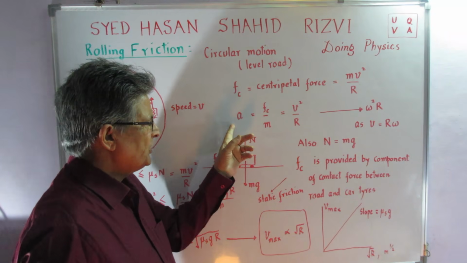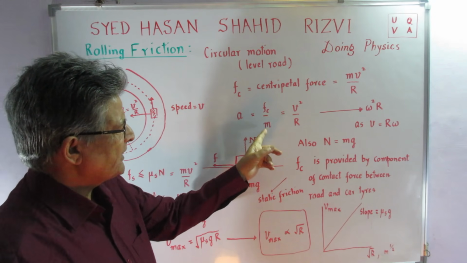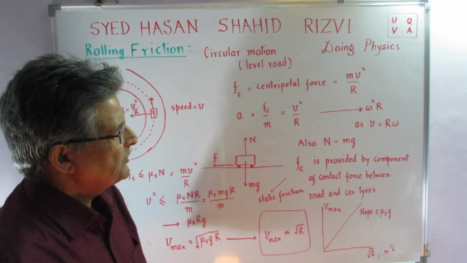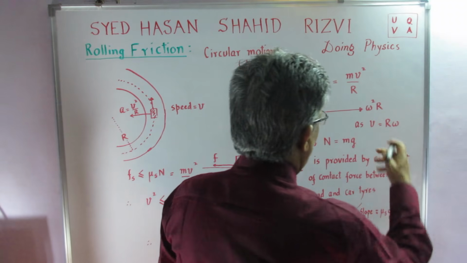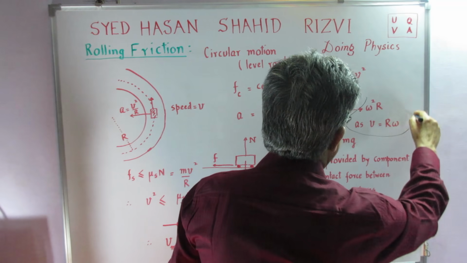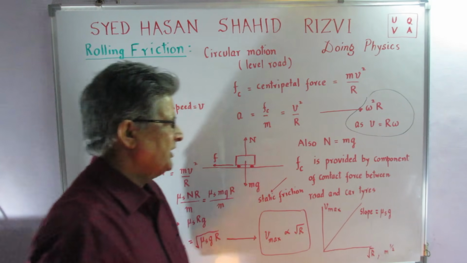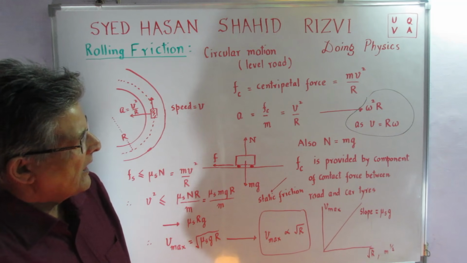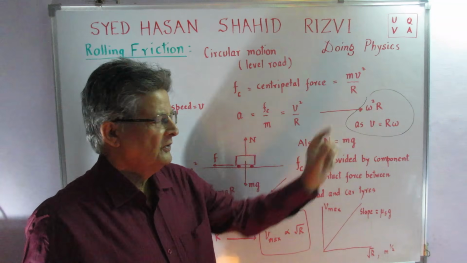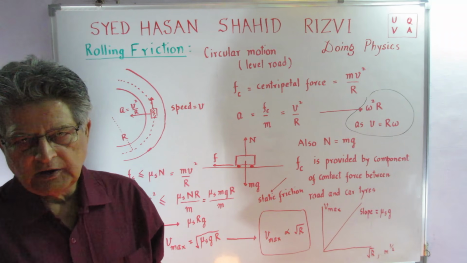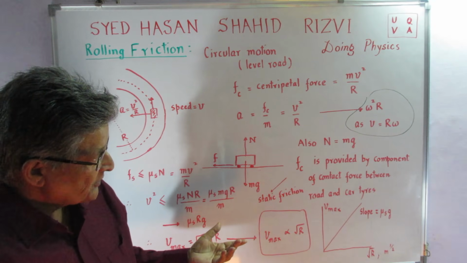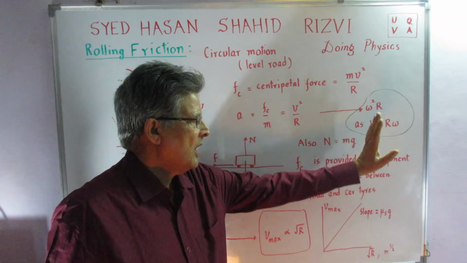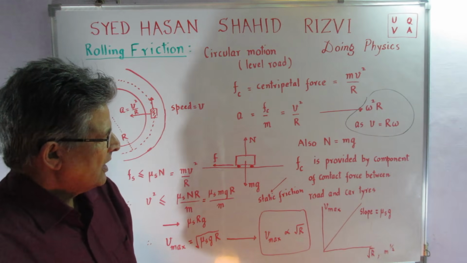The acceleration becomes this force divided by the mass of the vehicle, so it equals v squared upon r, which we can also write, just to recall, that in circular motion we have an angular velocity omega radians per second, and the velocity is equal to r into omega.